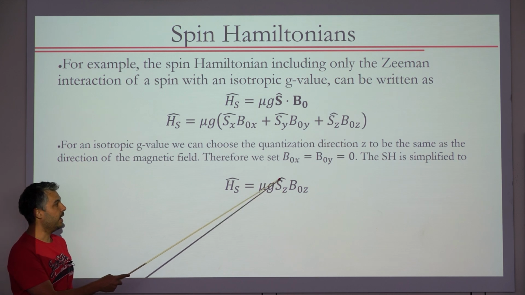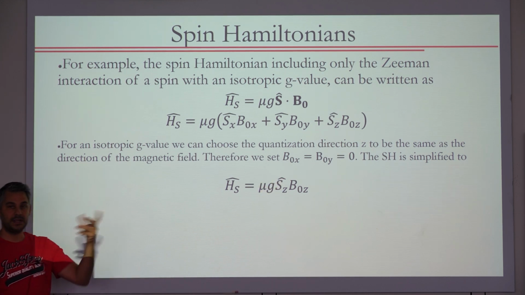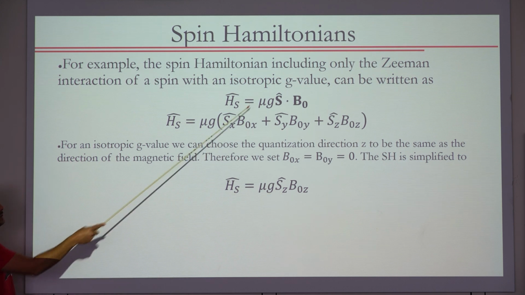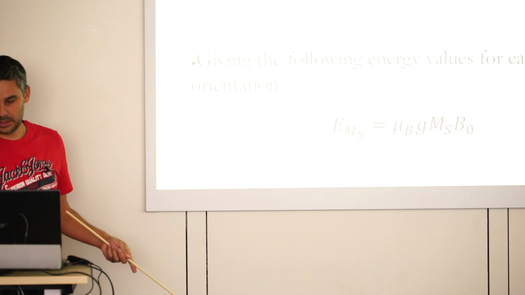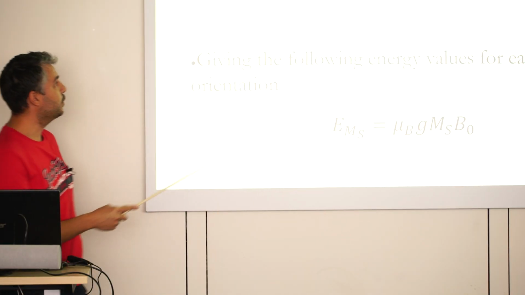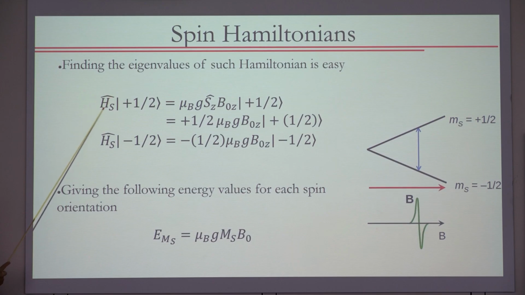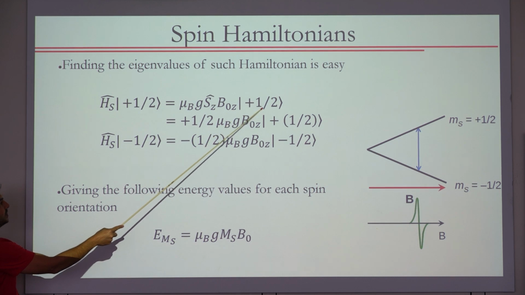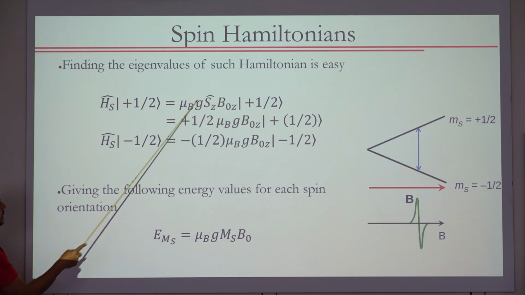So the eigenvalues of this operator are plus or minus 1/2 times Planck's constant or something. So this is simpler than this. And then if we calculate for a spin 1/2, we take this Hamiltonian operator that we talked about before, and we apply it to this +1/2 state, and everything is a number except for this operator.